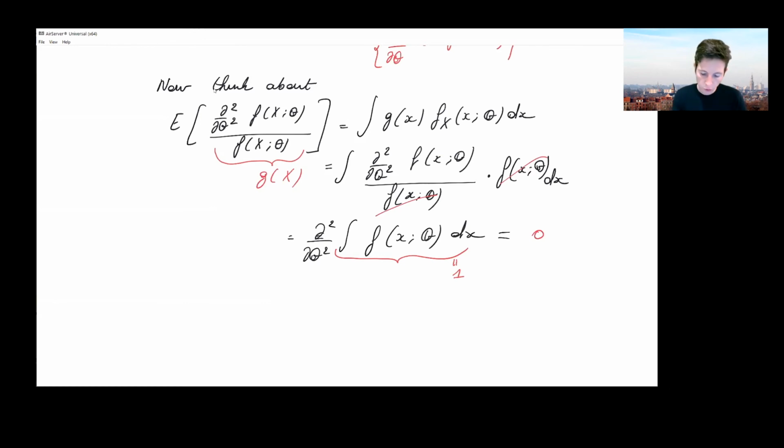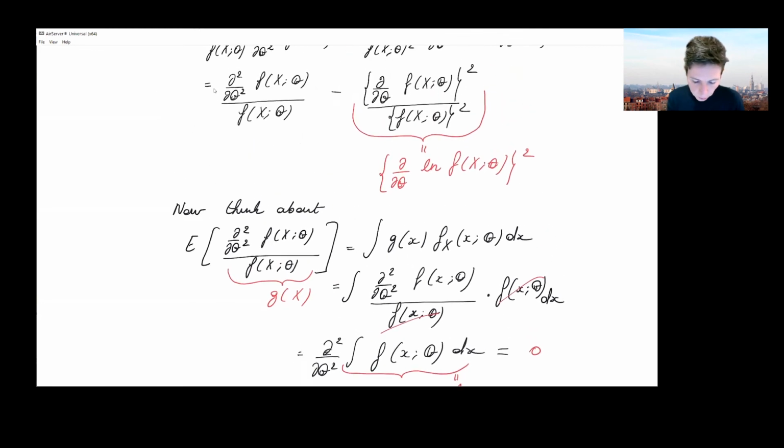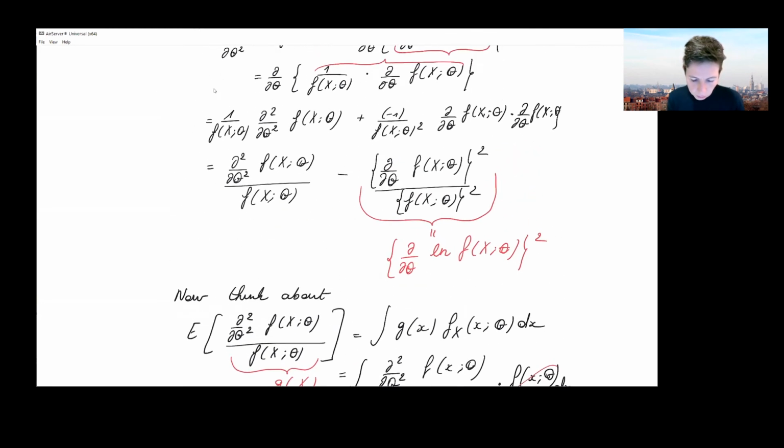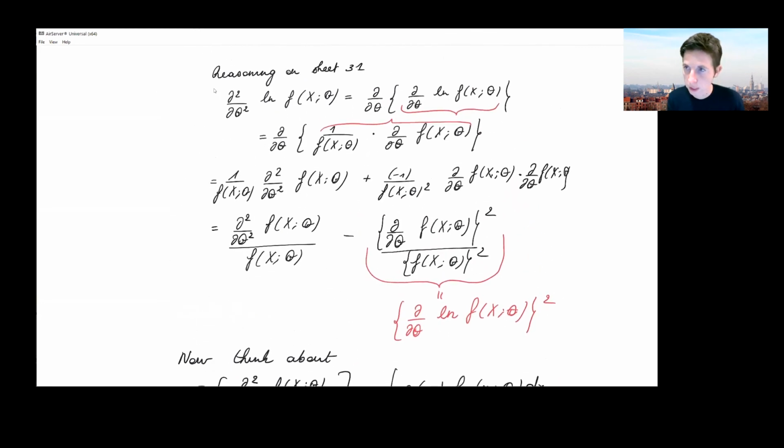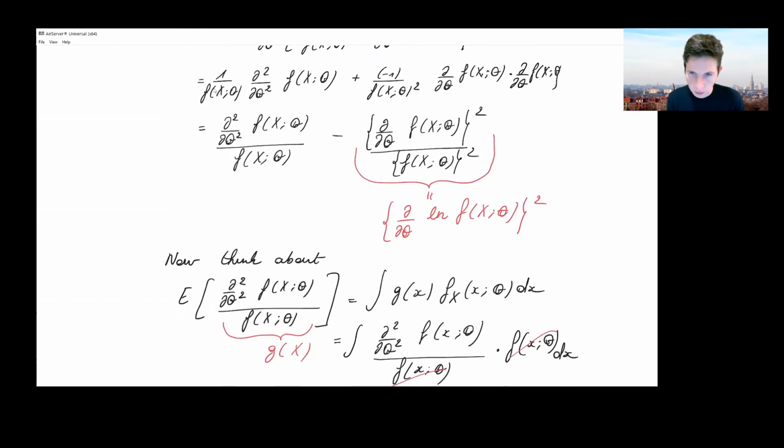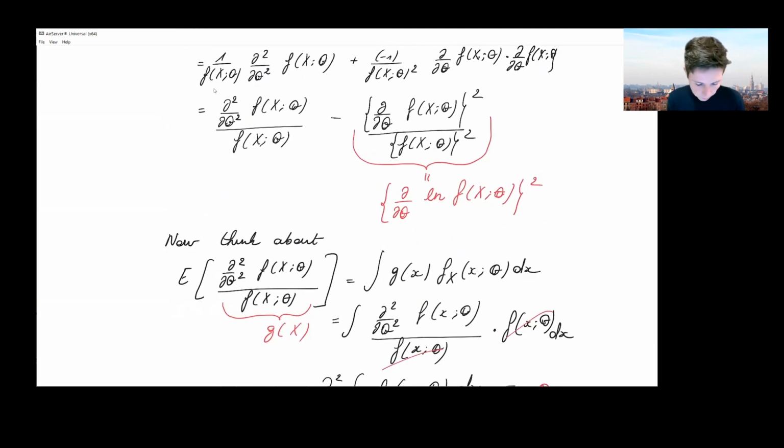So if I return to the expression that I obtained so far for the second order derivatives of my log density, if I would take the expected value, then I will see that this term is going to drop from my expected value.